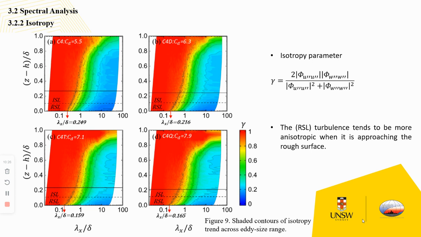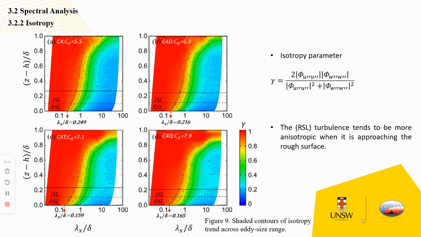We can see that even in the RSL, the small scale becomes more anisotropic, but the isotropic scale increases as the height increases.